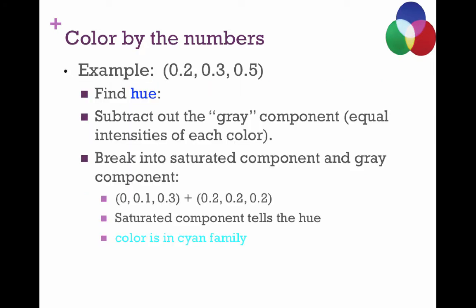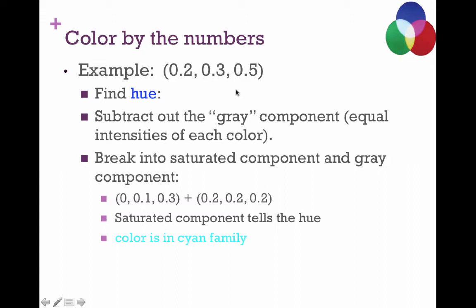So an example, if we have 3 numbers here, let's say red is 0.2, green is 0.3, and blue is 0.5. And we want to find its primary hue. We want to see what are the strongest colors there.